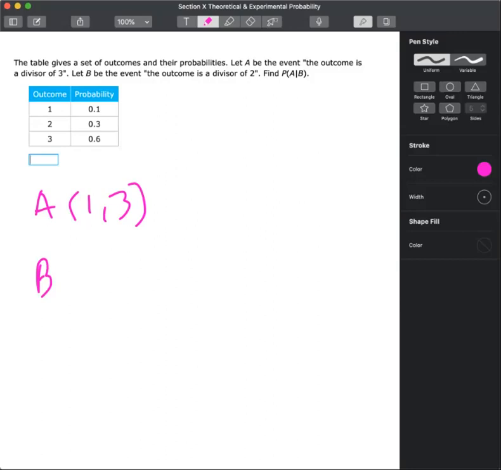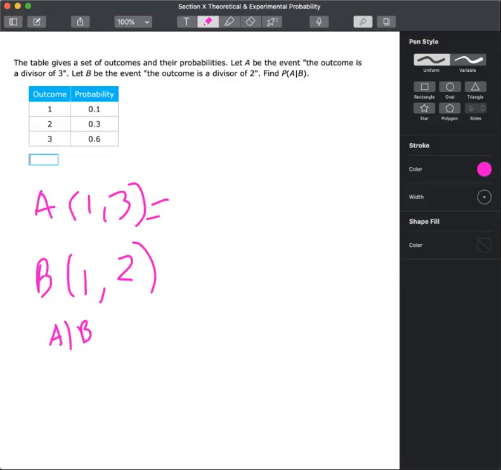So that's actually going to include 2 and 1, because you can divide 1 by 2. And then we're going to find A if B happens.